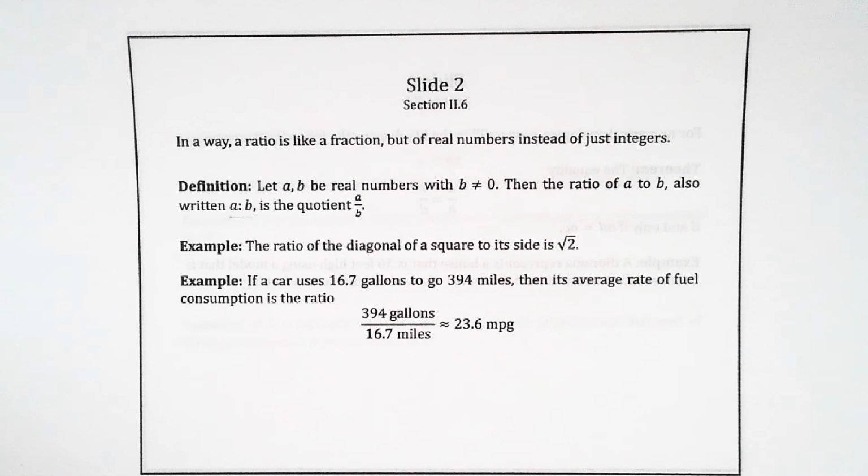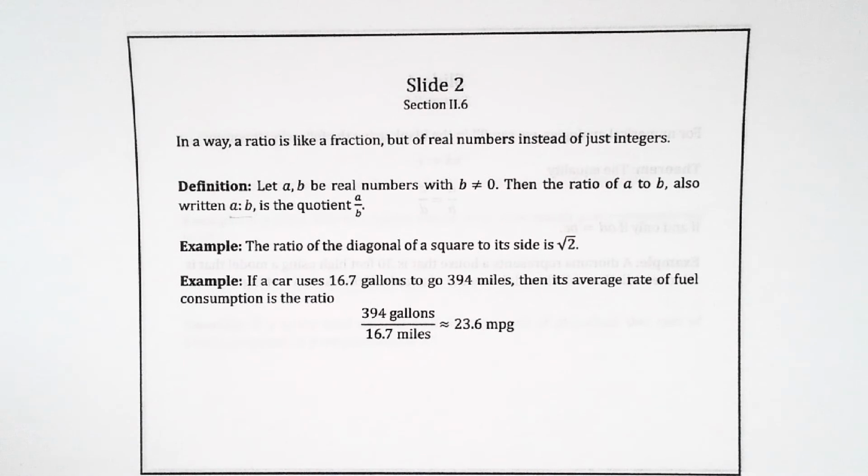Okay, so for example, like we just saw, the ratio of the diagonal of a square to its side is the square root of 2. If I take the diagonal, divide it by the side, I will always get the square root of 2. Doesn't depend on how big the square is. Here's another example. If a car uses 16.7 gallons to go 394 miles, then its average rate of fuel consumption is this ratio, 394 miles to 16.7 gallons.